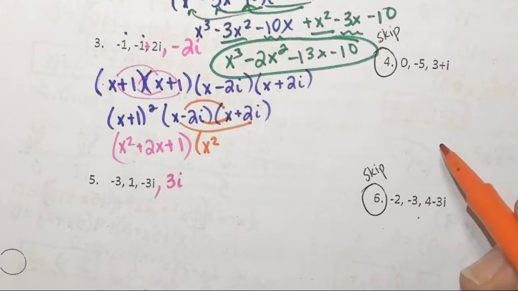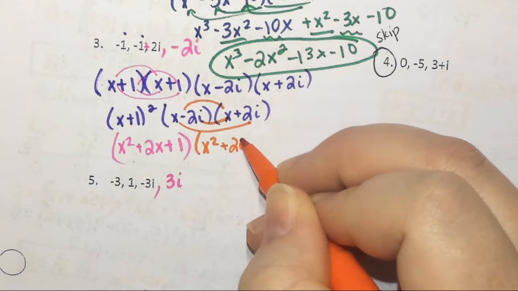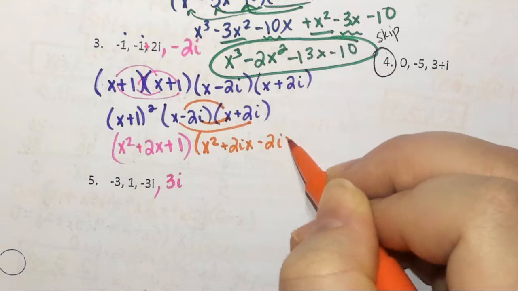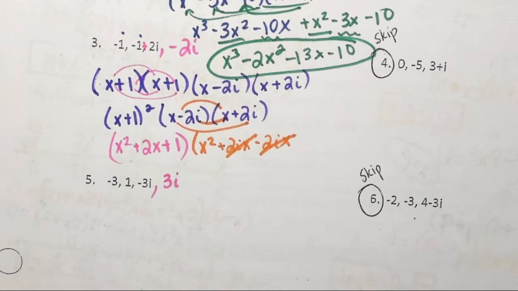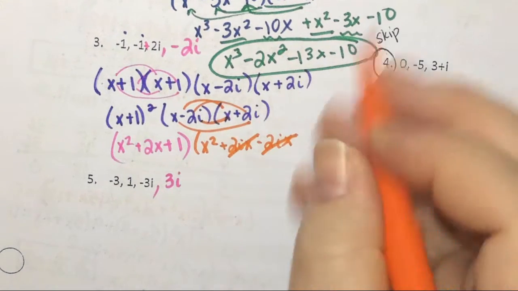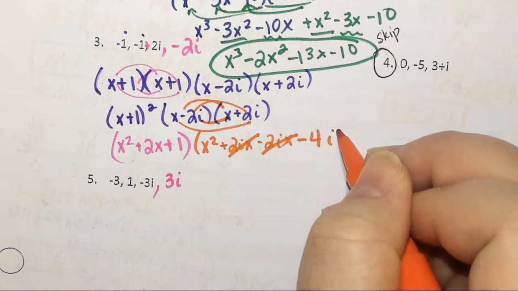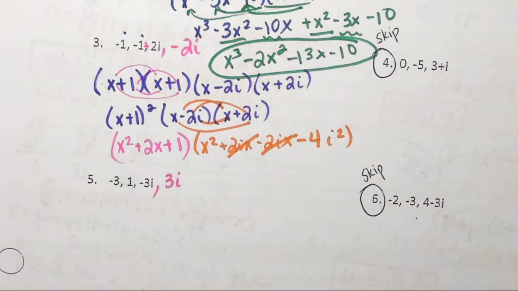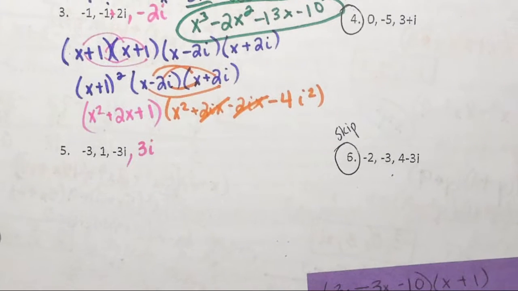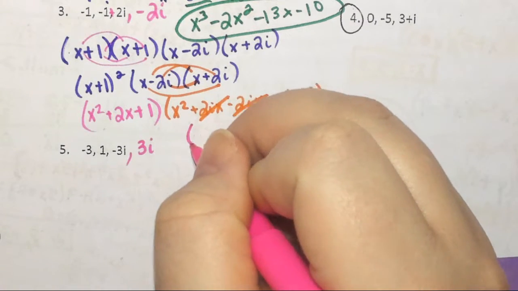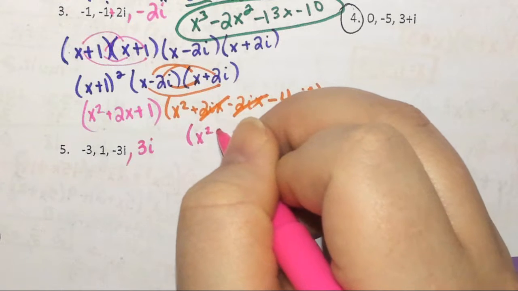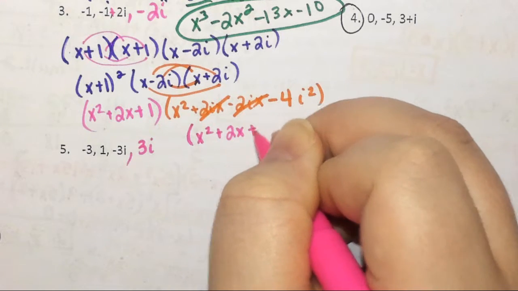The middles would die, they would end up canceling out. And then last, I would have minus 4i squared. And you're like, Ms. Compton, they did not give us enough room for this. No. We're going to talk about how I do this a lot easier way in just a second.